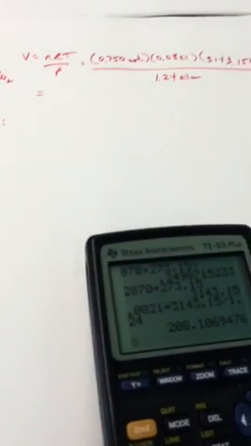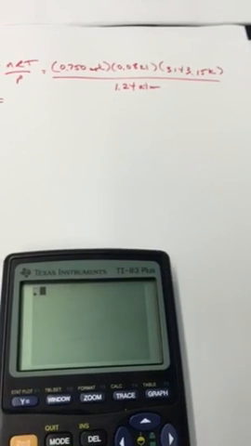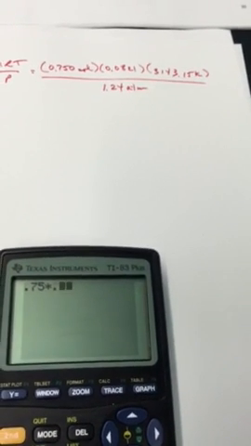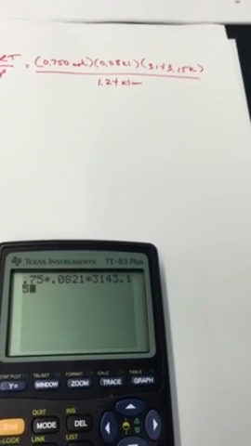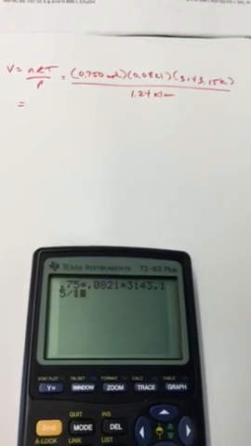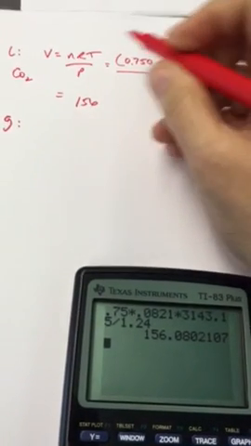We plug those numbers into our calculator. We've got 0.75 times 0.0821 times 3143.15 divided by 1.24, and we get 156 liters.